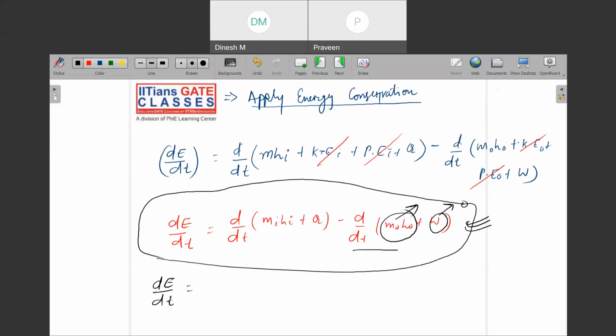So this term is neglected and only this term remains, and Q interaction is also zero. So can I write this as d upon dt of the mass which has entered, into the enthalpy which it has carried?